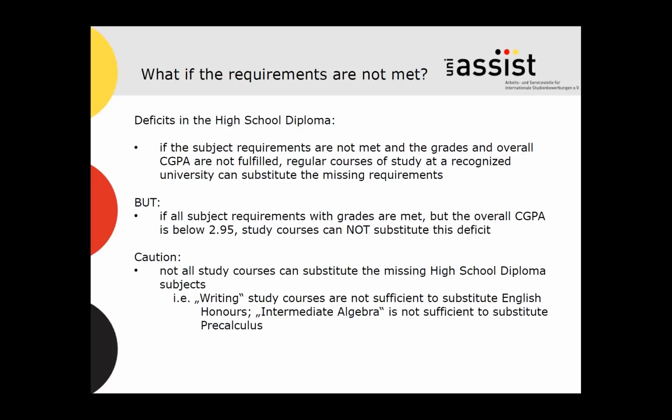But not all study courses can substitute the missing high school diploma subject. For example, writing study courses are not sufficient to substitute English honors, or intermediate algebra is not sufficient to substitute pre-calculus.